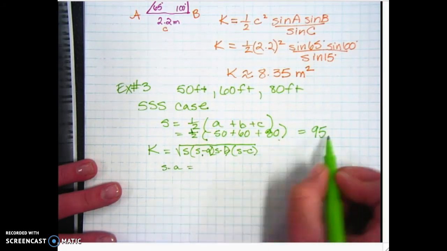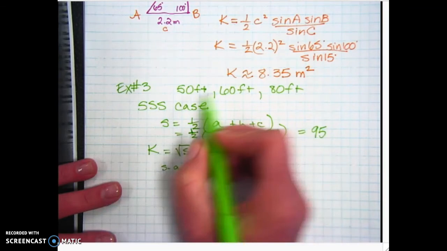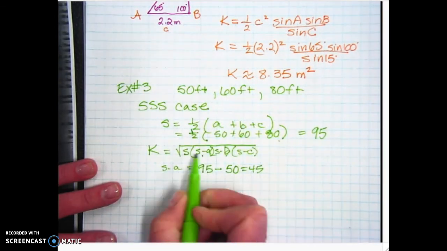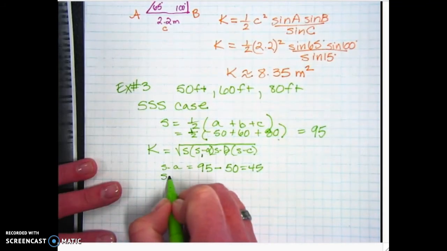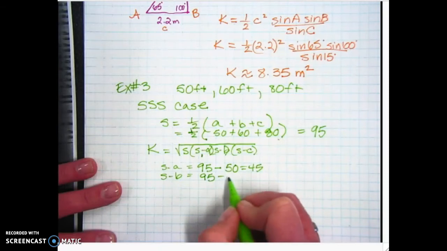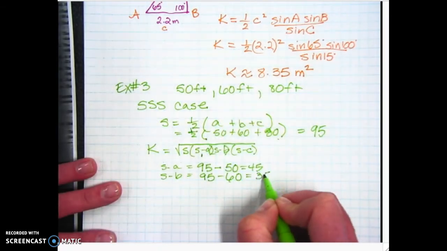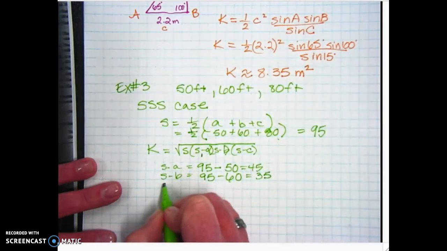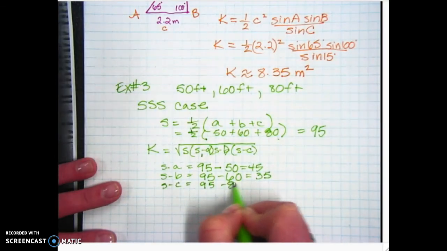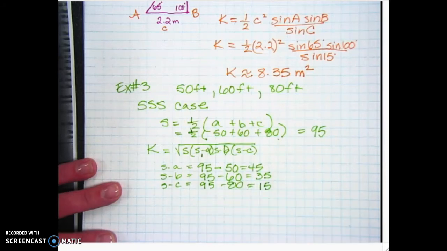So S minus A, that'd be 95 minus 50, which is 45. And then S minus B is going to be 95 minus this next side, which was 60. So what, 35. And then S minus C, 95 minus the 80. So that one is 15.